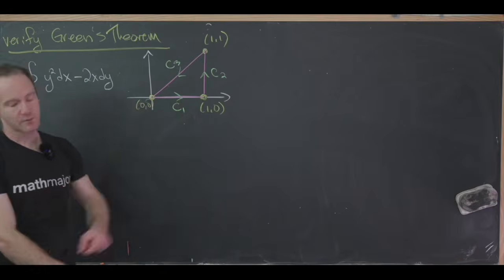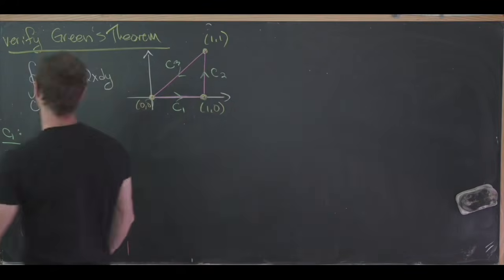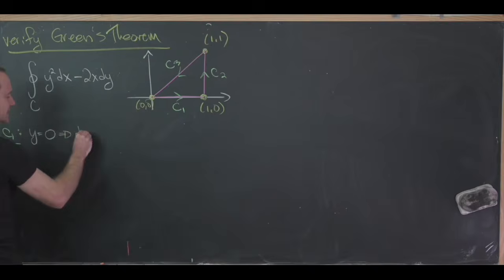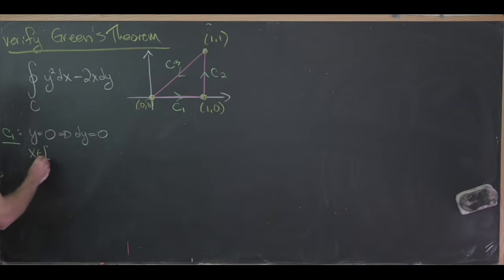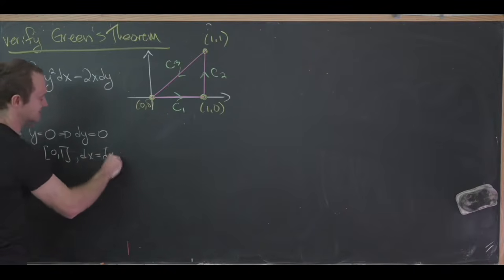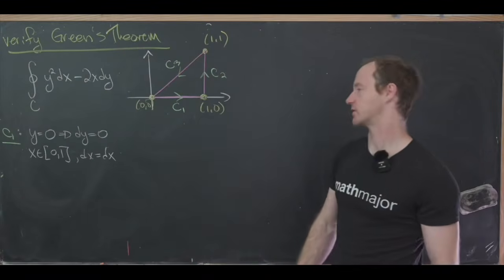The C1 portion is simply along the x-axis, so we can parameterize that very simply. Notice that y is equal to 0 along the x-axis. That tells us that dy is equal to 0. And then x runs over the interval 0 to 1, and dx is just dx. So we're parameterizing it with the variable itself, not using a parameter t or anything.